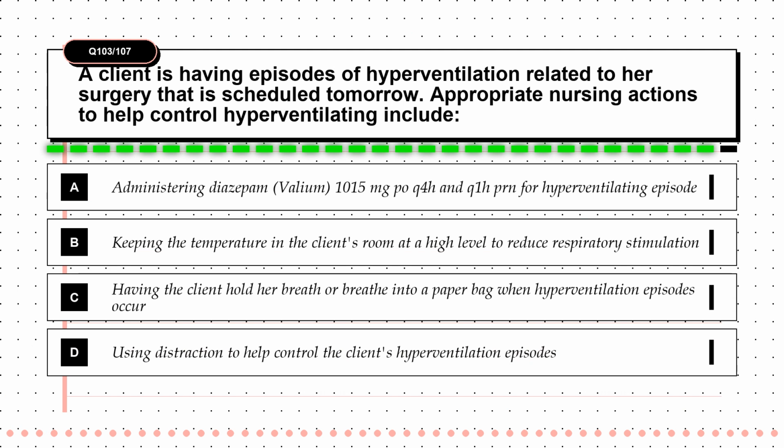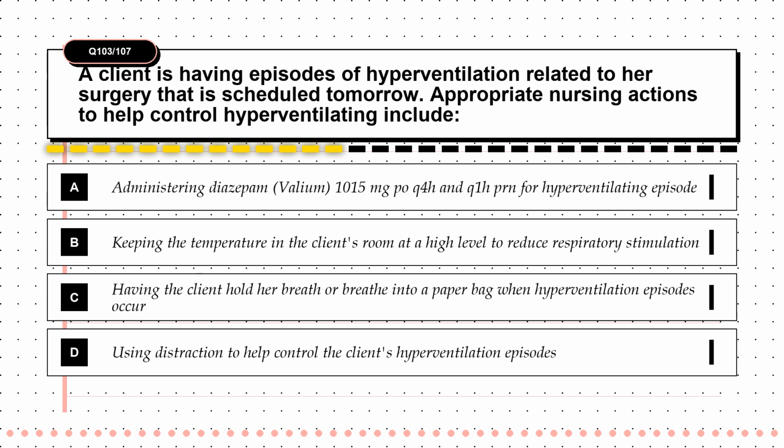Question 103. A client is having episodes of hyperventilation related to her surgery that is scheduled tomorrow. Appropriate nursing actions to help control hyperventilating include, here are the options. Option A. Administering diazepam Valium 10 to 15 mg po Q4H and Q1H PRN for hyperventilating episode.